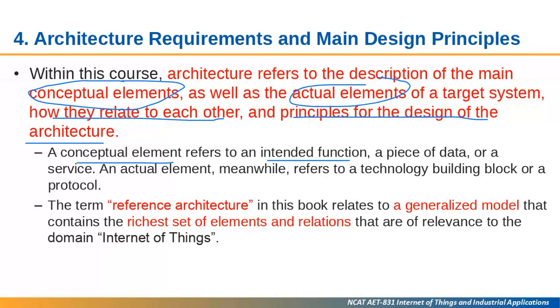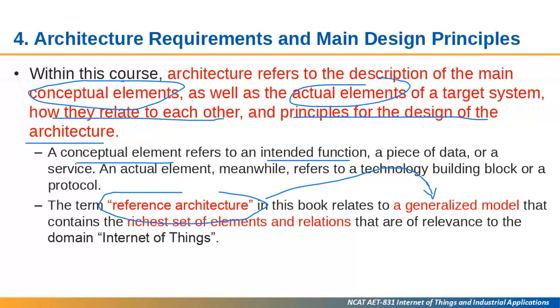We also come to the definition of reference architecture. It refers to a generalized model that contains the richest set of elements and relations that are of relevance to the domain of Internet of Things. The keyword here is that reference architecture is a generalized model. To put it very simply, every vehicle on the street actually has a generalized model, right?